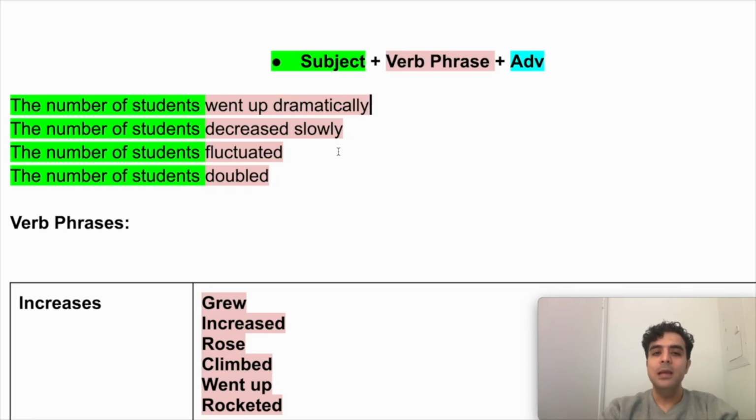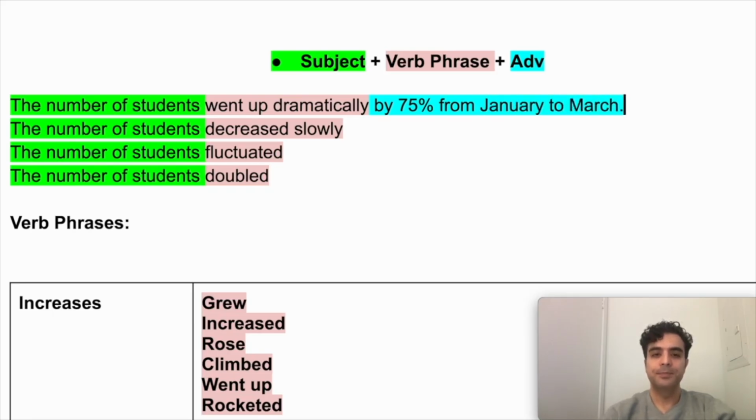Here we could say the number of students went up dramatically by 75%. Notice by is the one we use to describe the difference, right? So maybe it went from 1% to 76%. So how much did it increase? It increased by 75%. And then I also want to mention the time period. So I'm going to say from January to March.